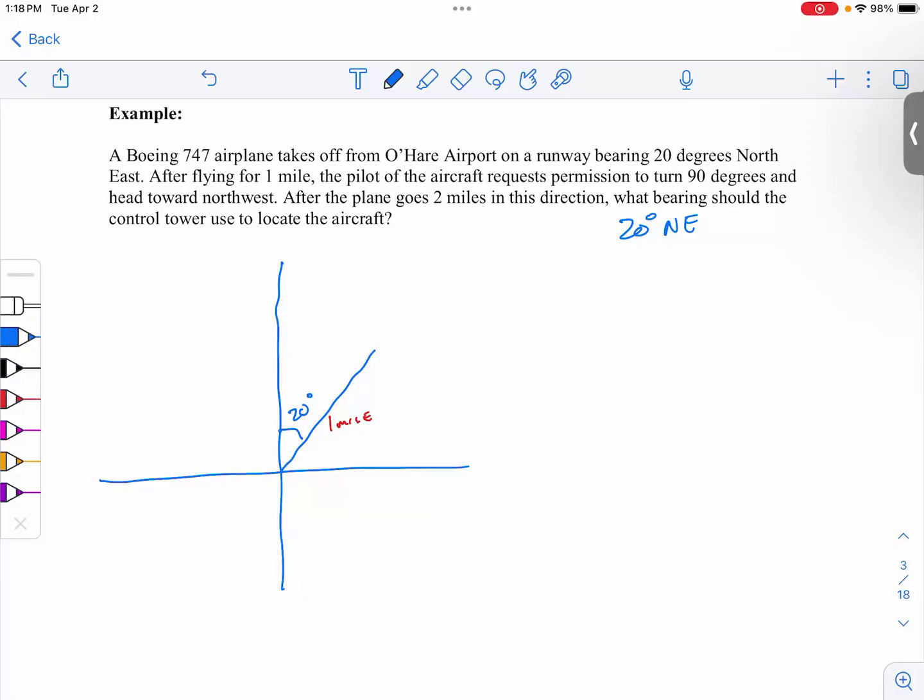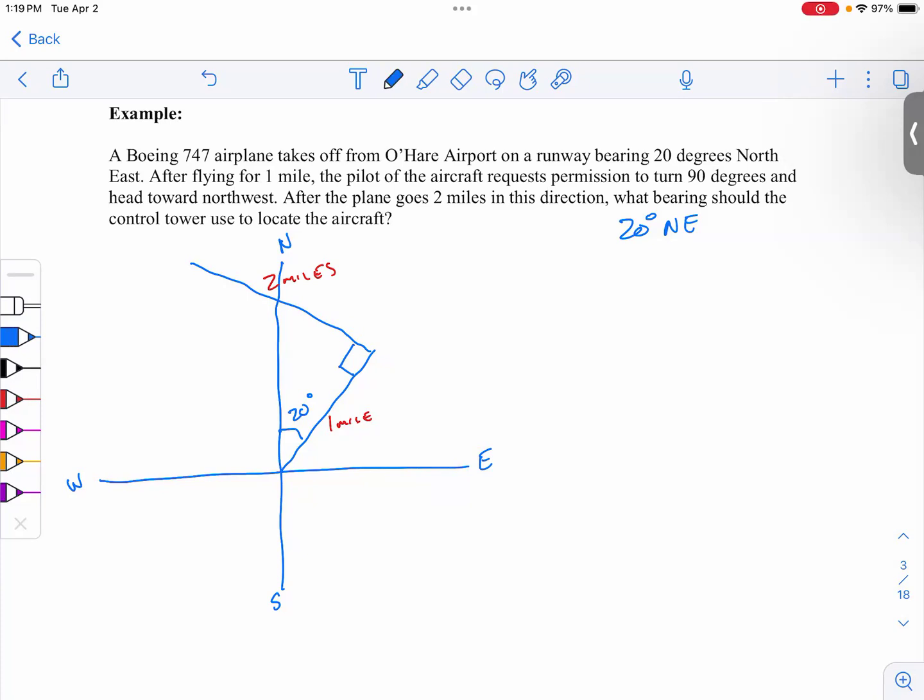The pilot of the aircraft turns 90 degrees and heads northwest, which creates a right triangle. Oh, excellent. And then after flying the plane 2 miles in this direction, what bearing should the control tower use to locate the aircraft?